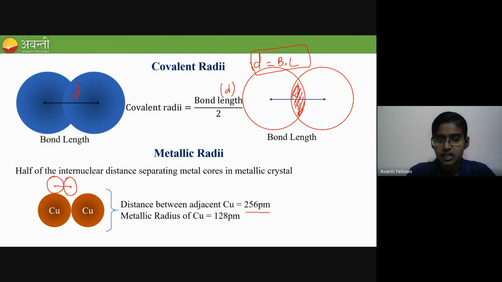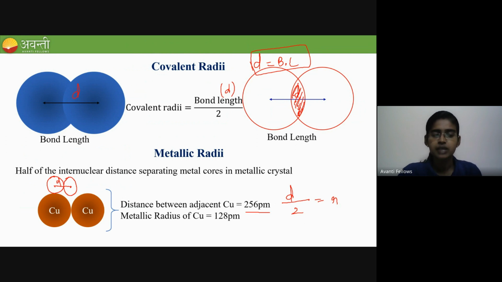That is the D value, the internuclear distance, and D by 2 will give us the metallic radius R. So D by 2 is equal to 128. That's all. Same as the previous case, you just take half of the given number. There, overlapping occurs, and here no such overlapping occurs.